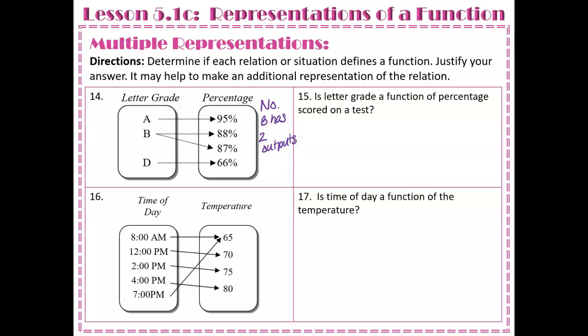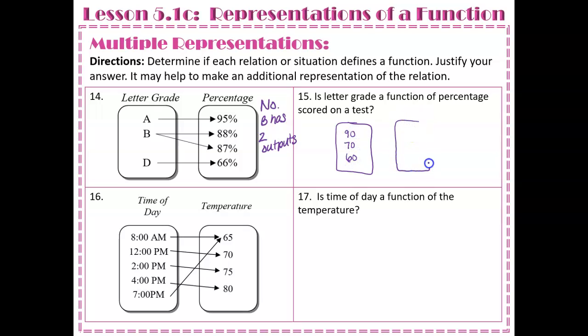But let's look at 15. These ones with just the words can be difficult. I try to make a mapping diagram out of these. It says, is the letter grade a function of the percentage scored on the test? So the percentage is an input. So I'm going to make some up. I'm making this up just so I can visually see this. So I have a 90, a 70, a 60%.